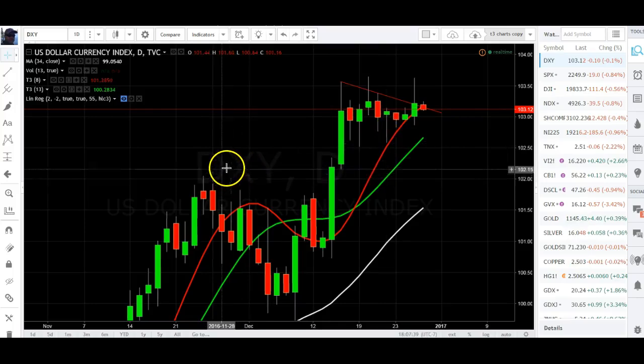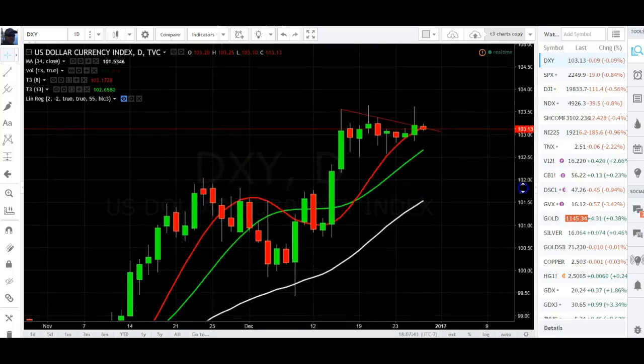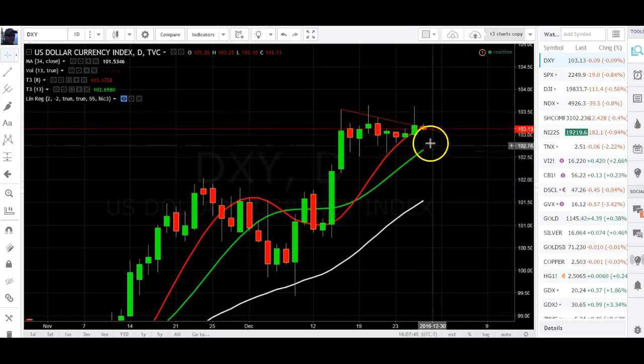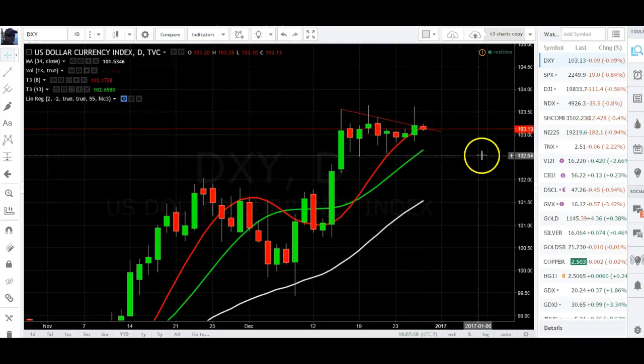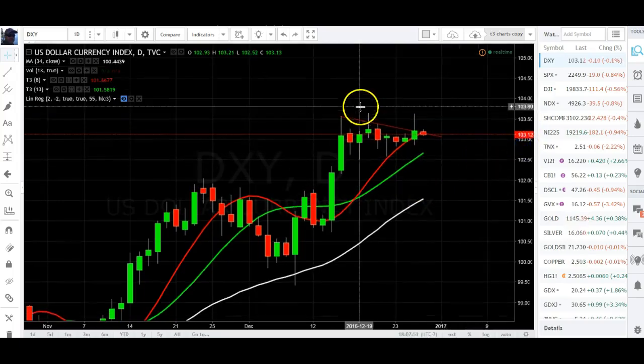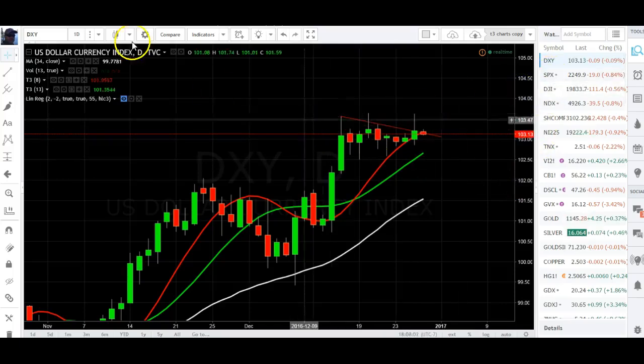We got support down in this range here. So plenty of support all the way down. But we are working a double top, so it's going to take out that top there. Otherwise, we're bearish. And that's my final answer.